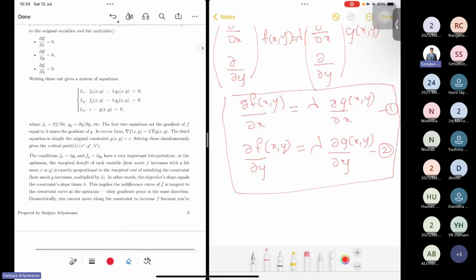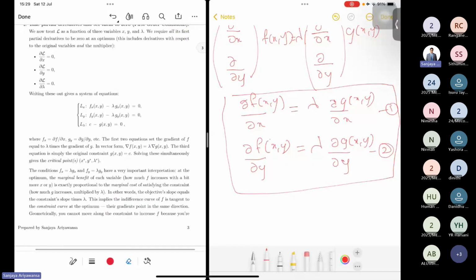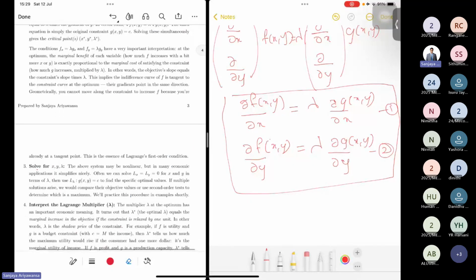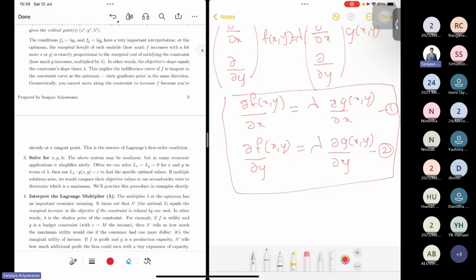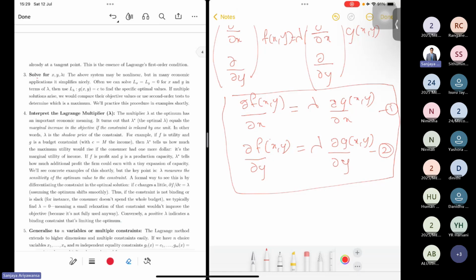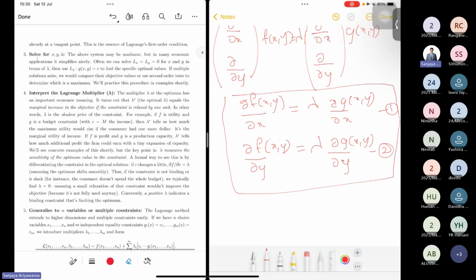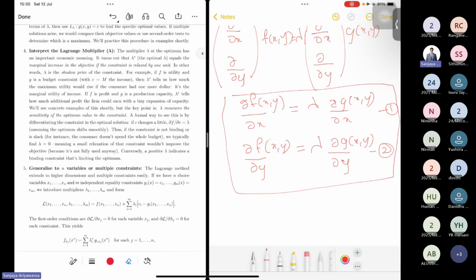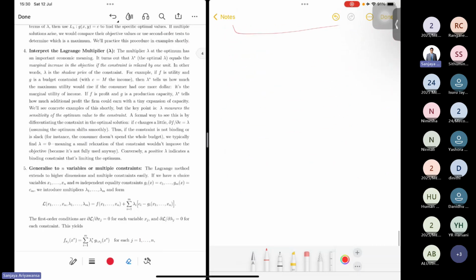From those first order conditions, you figure out your independent variables plus the Lagrangian multiplier, which you introduce, lambda. And once you solve for x, y, and lambda, you interpret what lambda is given the particular context. And then obviously you also have to check whether this x, y are giving you the maximum or the minimum for your objective function, which we'll talk about later.